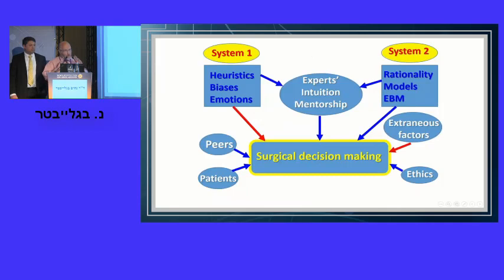So, if I want to wrap up everything, our 35 minutes, we are on time, you'll see. We'll say that surgical decision-making, the process, is not a linear process, and it is influenced by many, many factors.